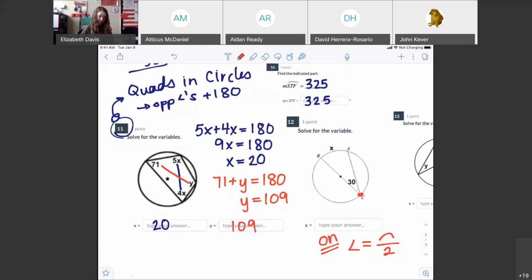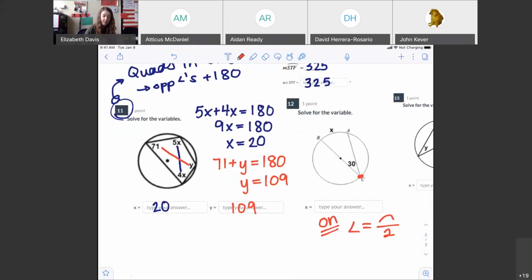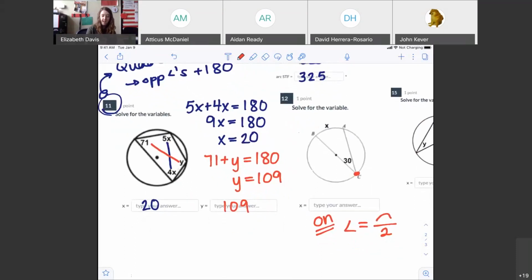Good deal. Okay. So, which one is my angle in number 12? The 30 or the x? Yeah, 30 is my angle. Good. So that makes x my arc.